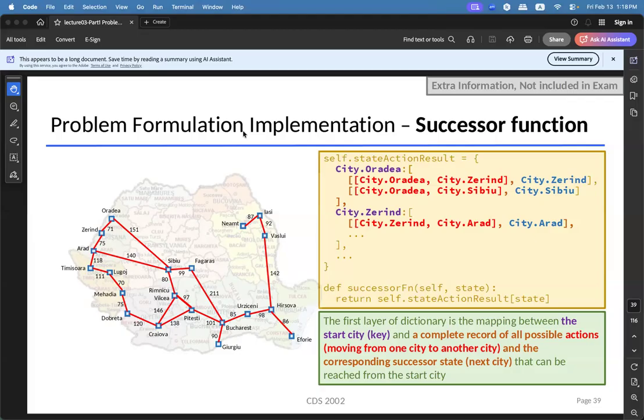That means that the agent can move from Sibiu to Arad or from Arad to Sibiu. For example, Cebu and Fagaras, these two states are connected to each other with an edge without arrows. That means that the direction of the action is both ways. You can go from Cebu to Fagaras or from Fagaras to Cebu.